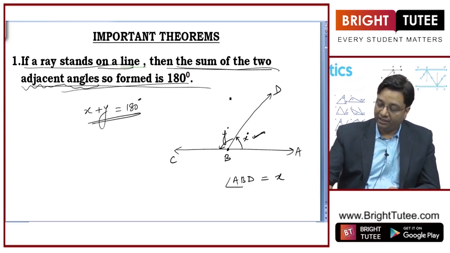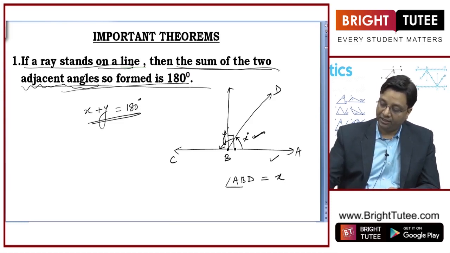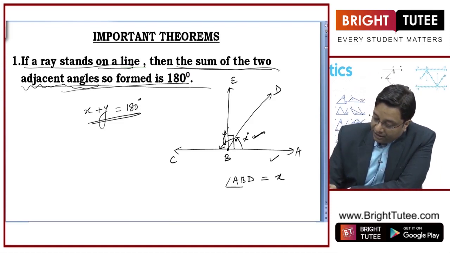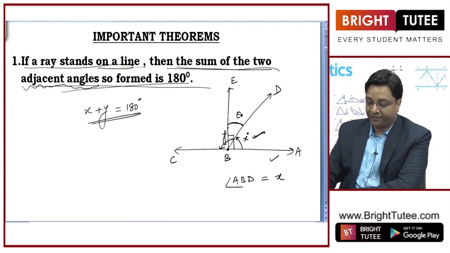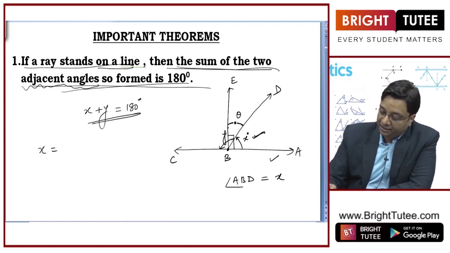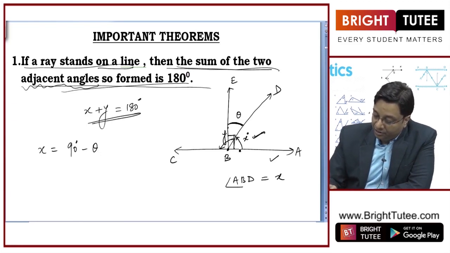How will we prove that? Let us say we draw a perpendicular on the given line AC. Now we know that this angle is 90 degrees. Let's name this point as E. Let us name the other angle theta. Now see, what is angle x? Angle x is 90 degrees minus theta. Now talk about angle y.